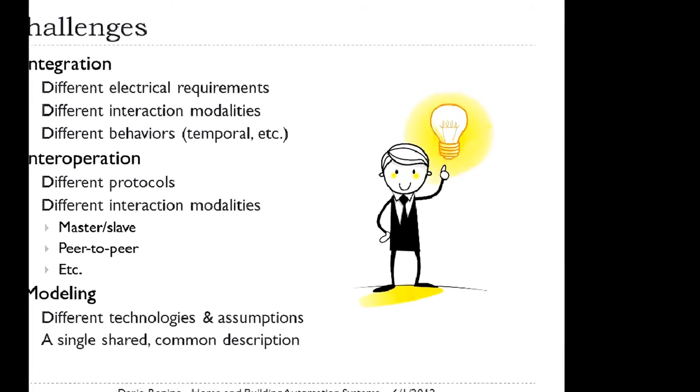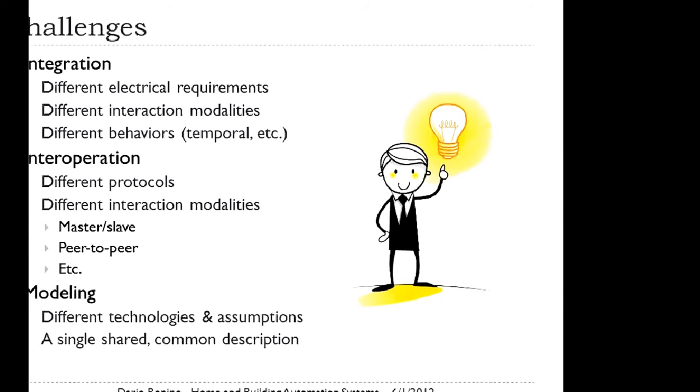Some of the problems related to integration are also related to interoperation. What's the difference? Basically, if we want to integrate, we get all the information from all the networks. If we want to interoperate, we want to operate one network from the other. So we want to act as a bridge rather than as a collector.